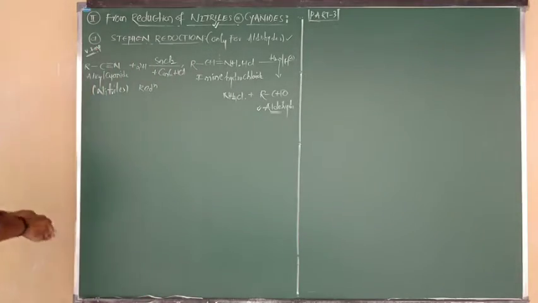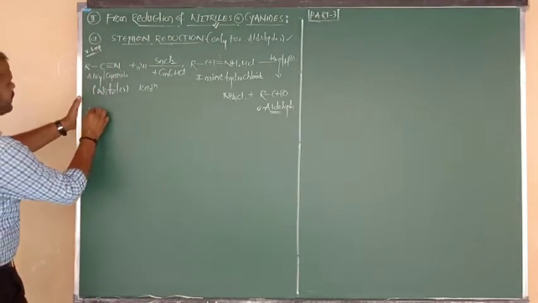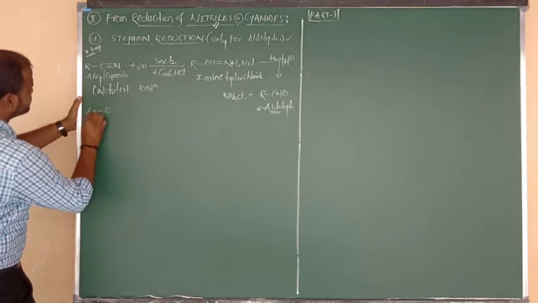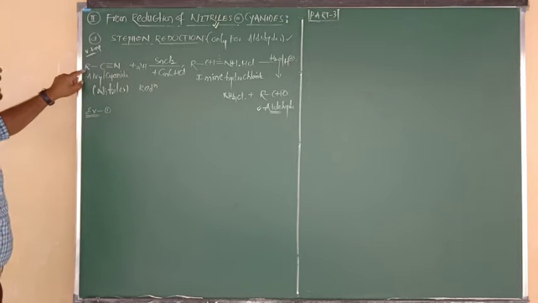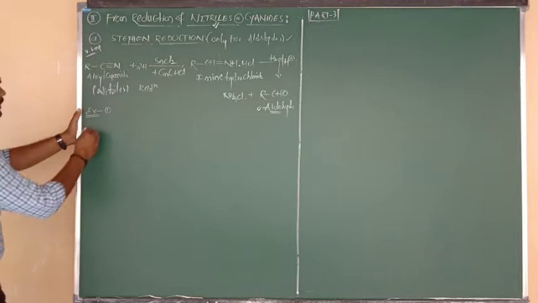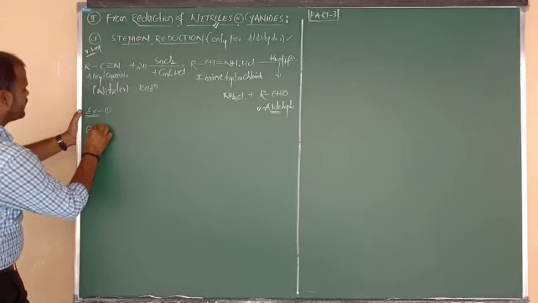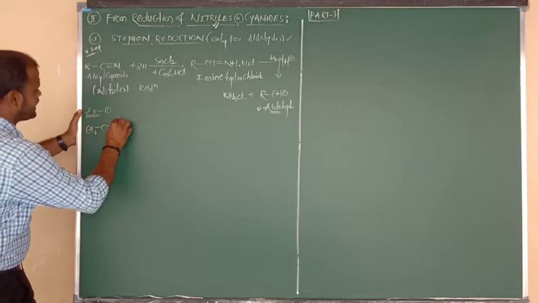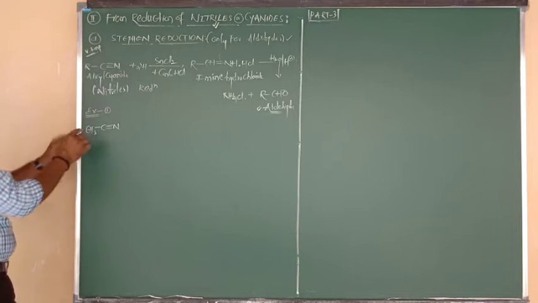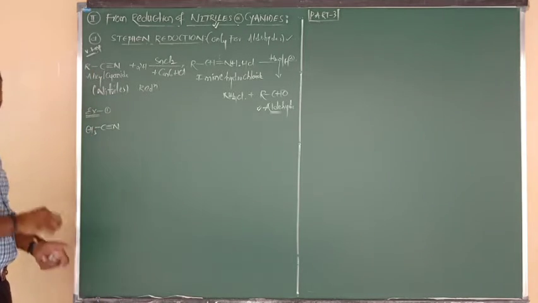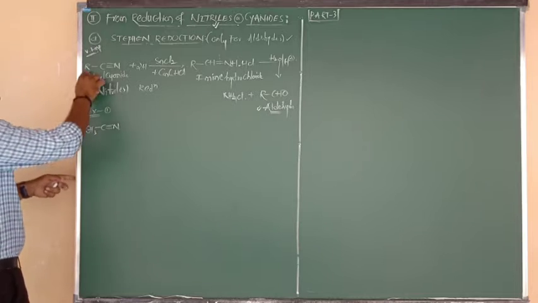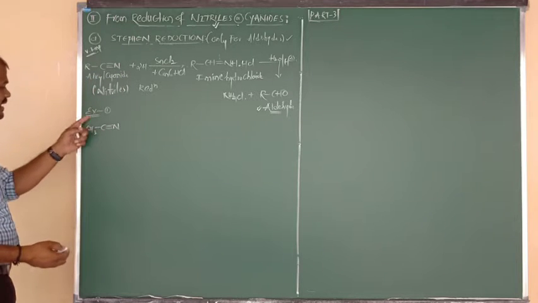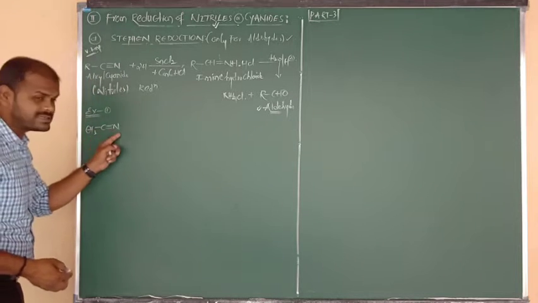Let me write the example for aliphatic aldehyde. Example 1. Are you ready? In place of R, what will we write, beta? CH3. So I am going to write here CH3 bonded to C triple bond N. Just in place of R, I am substituting CH3. So what is the name of this compound? This is alkyl cyanide, and we can say that this is the methyl cyanide.